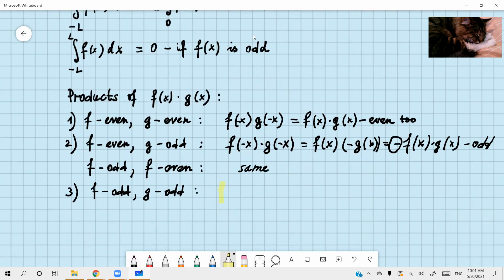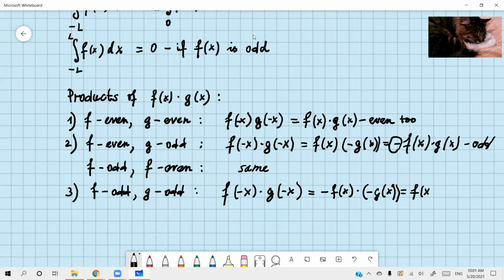Sorry, I pushed the highlighter instead of my black marker. f of negative x multiplied by g of negative x: because both are odd, they are each going to produce a minus in front when we change the sign of the argument. And these minuses combine together and give us a plus. So basically the function is not going to change and the result is going to be even.